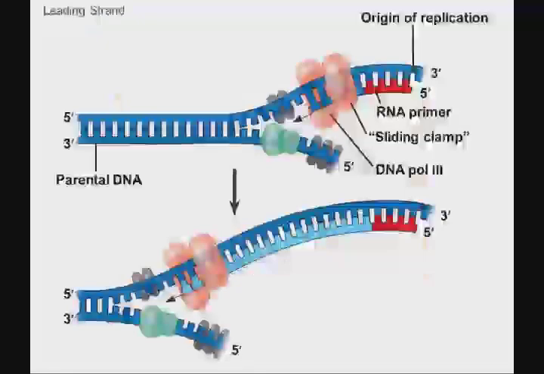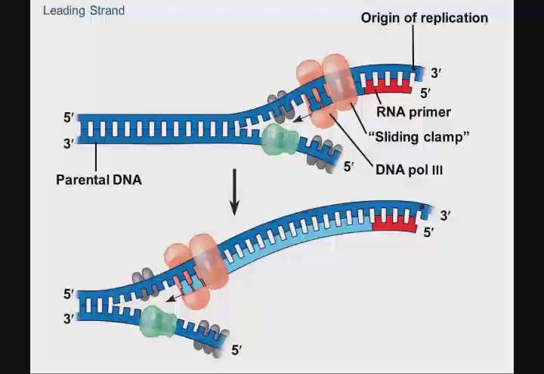Now, again, if we look at the machinery here, we definitely see here's the replication fork. There's our RNA primer, and we have our DNA polymerase 3 moving away from it, adding new DNA to complementary sequence. This is basically how it works. There's not a whole lot more going on there.